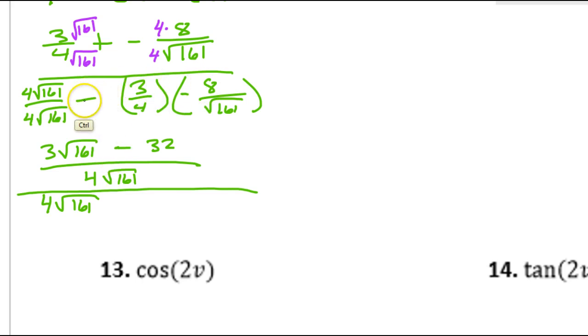So minus a negative is a positive, so I know this is going to end up as a plus. That might have been a little bit confusing. I hope you can follow it. So these negatives are going to become addition. Anyway, 3 times 8, of course, is 24. So I'm going to have 24. Alright, so that's what's happening in the denominator.